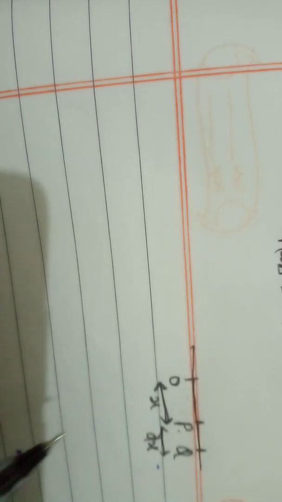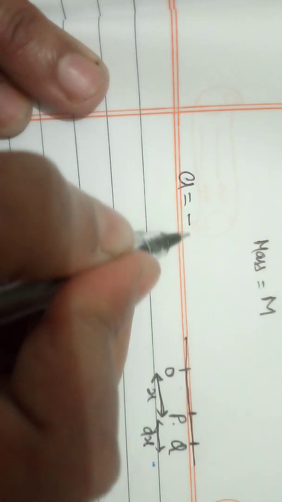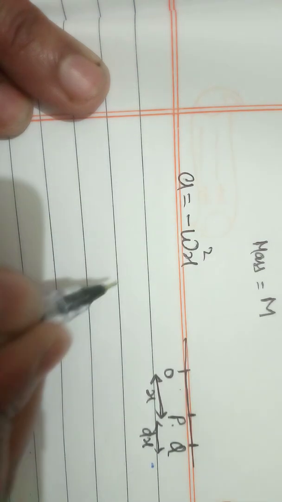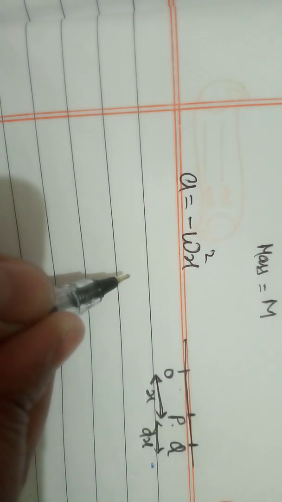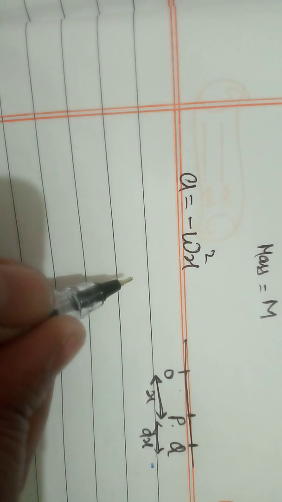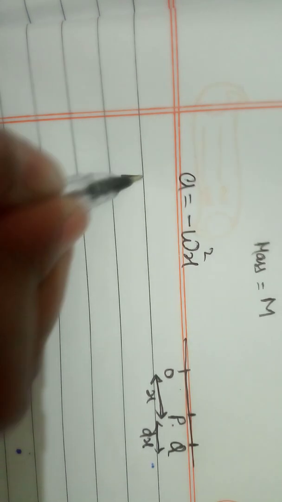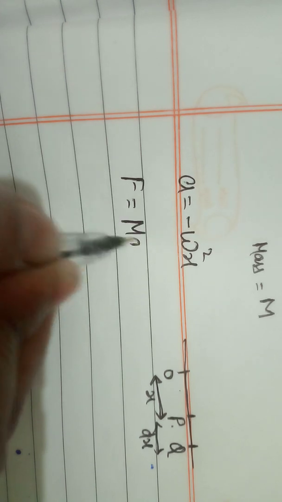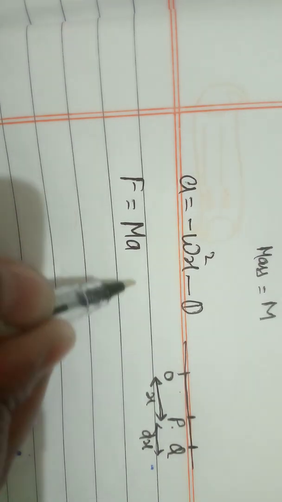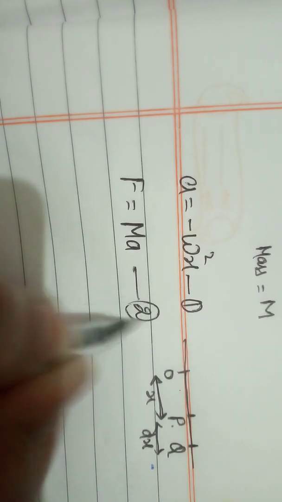Here, students, you know that the acceleration of the particle, a, is equal to minus omega square x. Now the restoring force acting on the particle, F, is equal to ma. So this is equation number 1, and this is equation number 2.